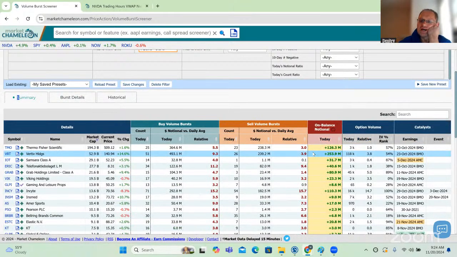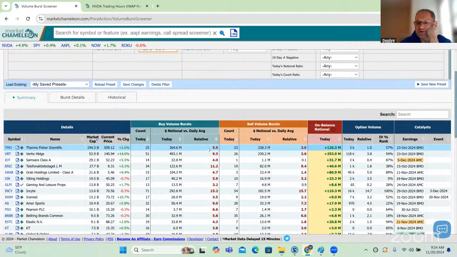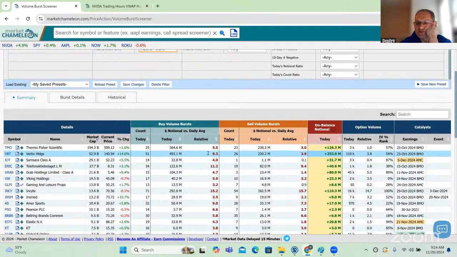So now that we got that, let's say we wanted even a stronger bullish indicator. And let's say we see that, okay, a lot of these buy volume bursts, you see relative bases, they're all in red or high. But at the same time, there's a lot of sell volume bursts.